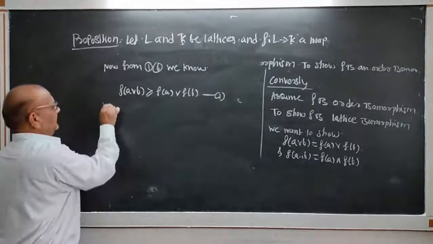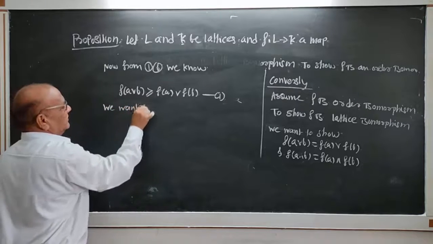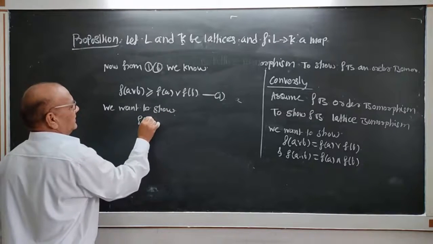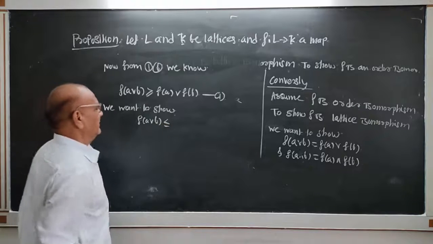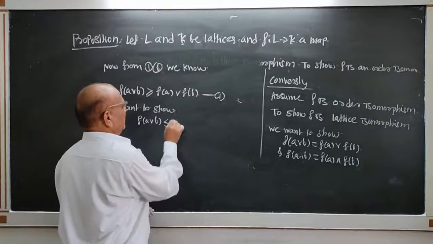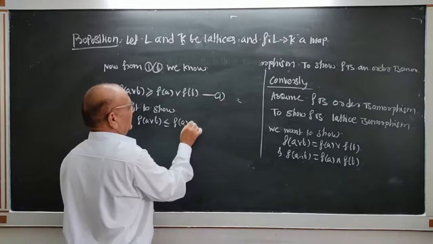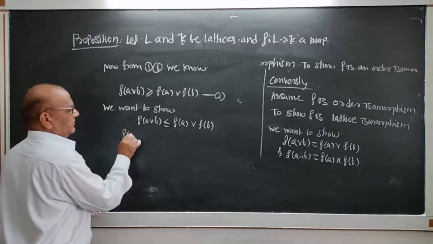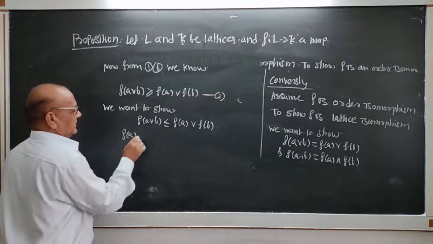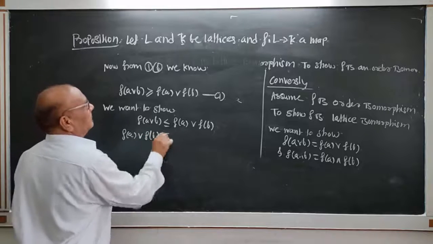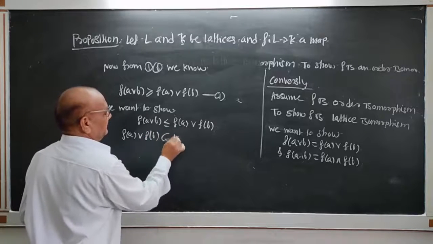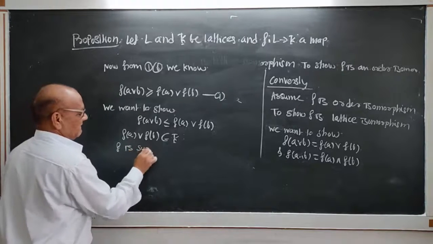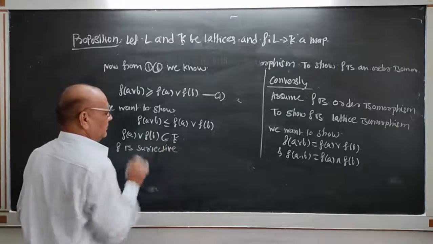We want to show the reverse. f(a) join f(b) belongs to K. F is surjective, that means onto.